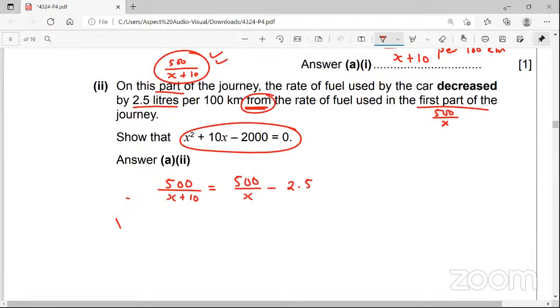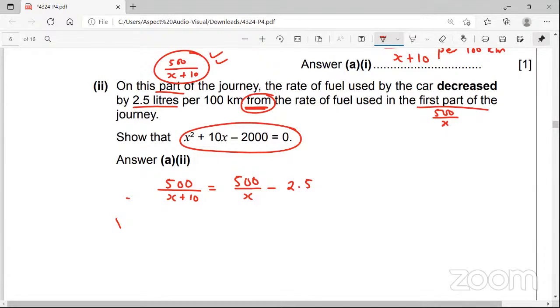They are telling you it's decreased by 2.5 liters per kilometer from where? From the rate of use in the first part. So you are not going to remove it from the second part of the journey. The word from, decreased from the first part of the journey. Right here. Are you following?